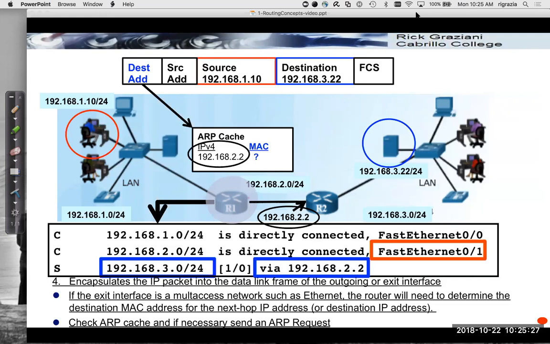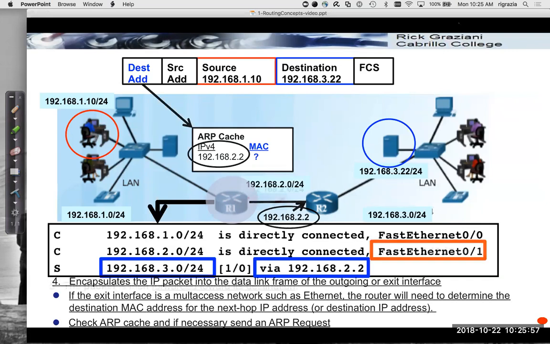Now, let me also mention, what if R1 is directly connected, or in R2's case, to the destination itself? The destination IP address is a directly connected network. In this case, the destination MAC address would be that associated with the destination IP address, and that's what will be searched for in the ARP cache.